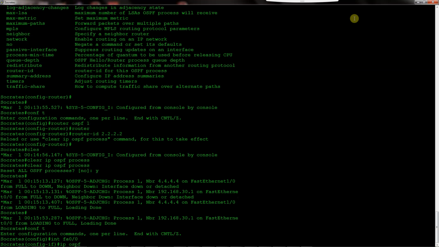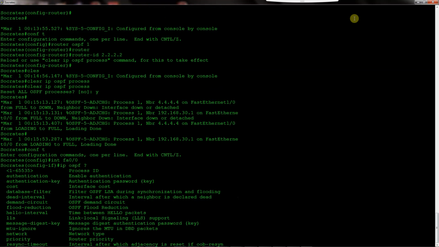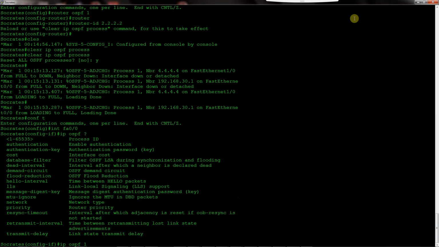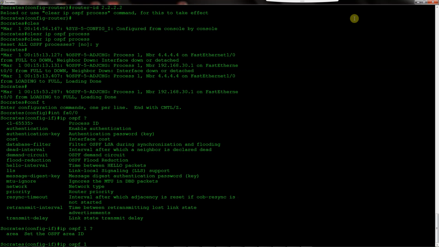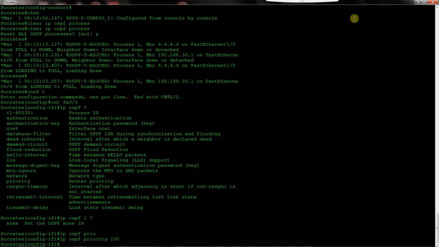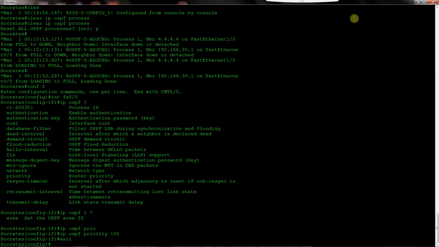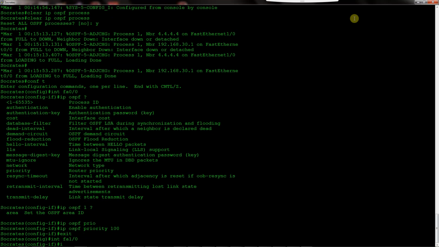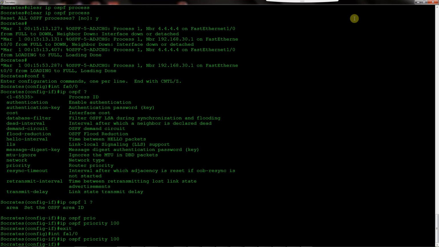We use the command IP OSPF, or rather, if we can just go straight into the priority command, sorry. And we're just going to raise that to 100. Then we're going to do the same on the link to its other neighbour as well. Okay, so that sets the priority to 100.